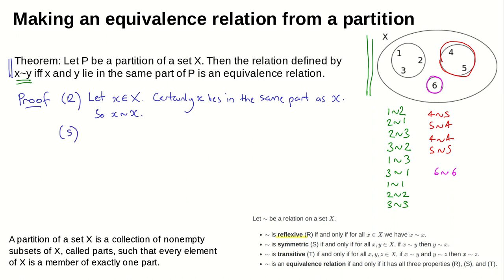So let's now do symmetry. Okay, here is the symmetric property. The symmetric property is that if x is related to y, then y is related to x. But again, this is just obvious for our definition of the relation. If x and y lie in the same part, then certainly y and x lie in the same part. So if x and y are in the same part, then y and x are in the same part.